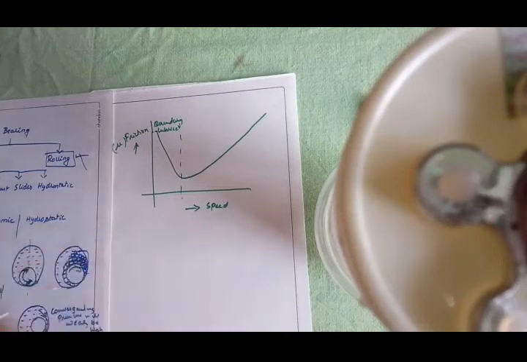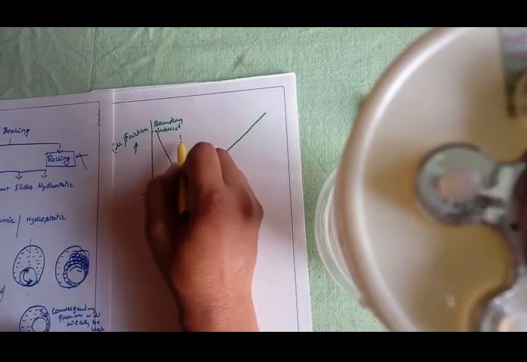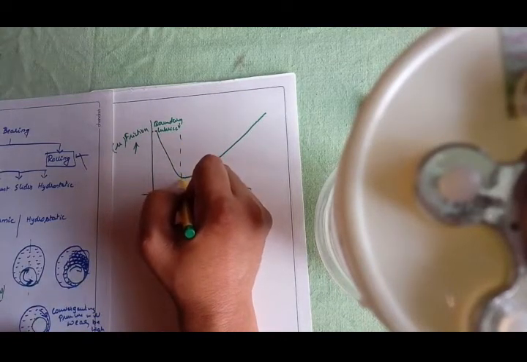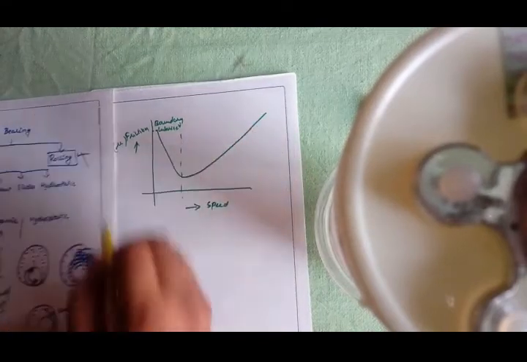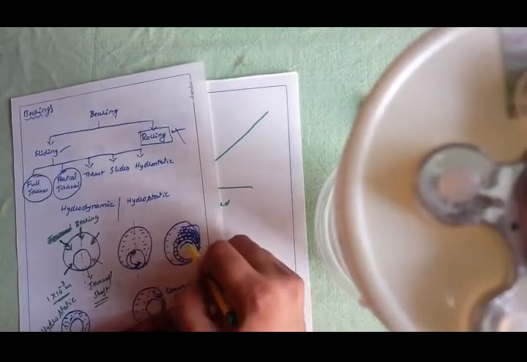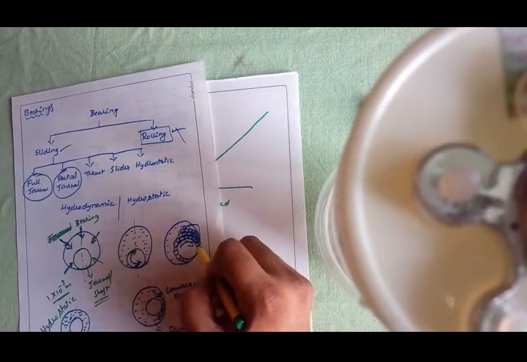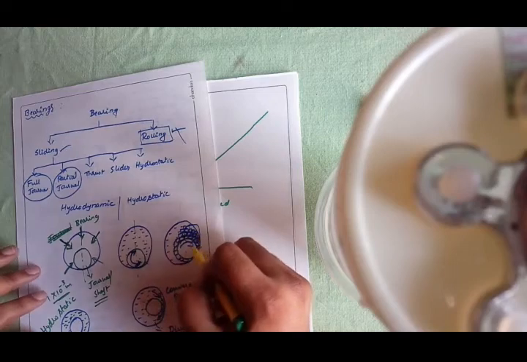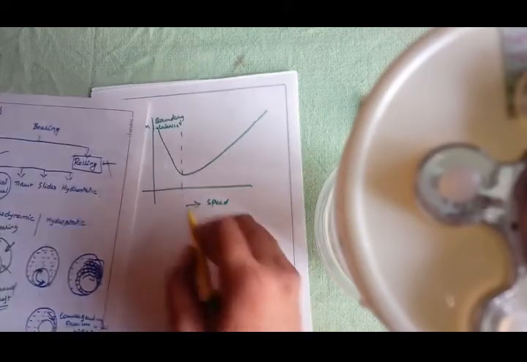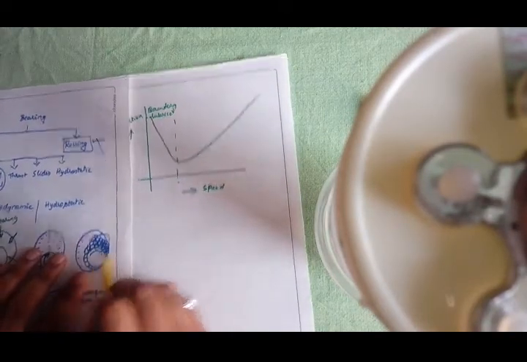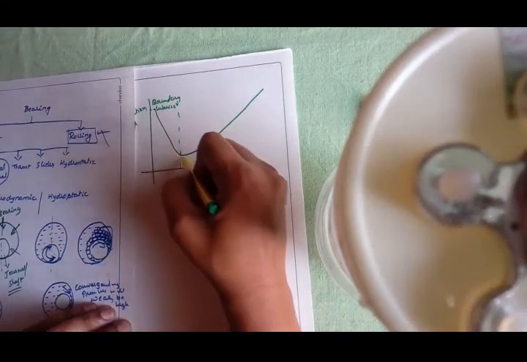As it starts to slide over the surface, a boundary lubrication will be formed. Later, with the increase in speed, more and more fluid particles will be coming here and will be mounted over here, which is going to increase the pressure. This is explained with the help of this diagram.